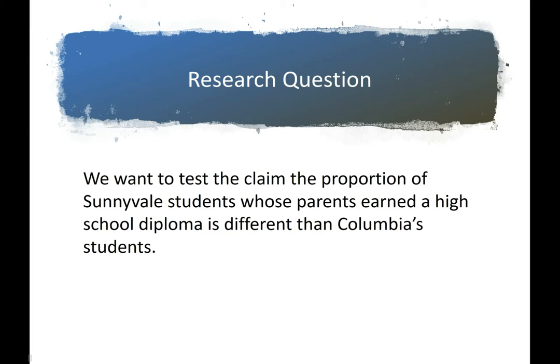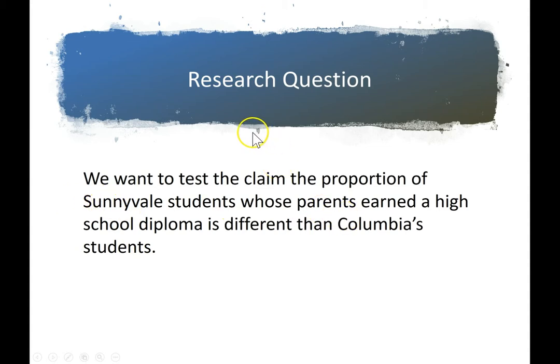So, on to the sampling portion. In order to motivate this sampling, we're going to select a research question. In this case, I want to test the claim that the proportion of Sunnyvale students whose parents earned a high school diploma is different than Columbia's students. So these are the feeder middle schools from Sunnyvale and Columbia.